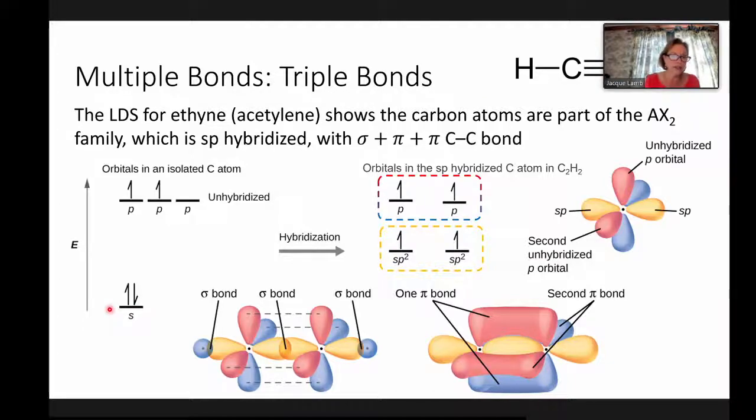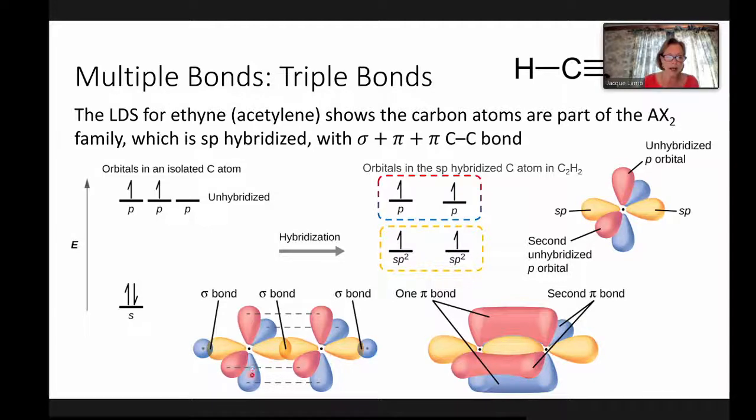So I only need an sp hybridization here, to form 2 sp hybrid orbitals. Sorry, that's a mistake. This diagram is wrong. It's an sp hybridization. And I can form 2 sigma bonds, one between the 2 carbons and one between the carbon and the hydrogen.